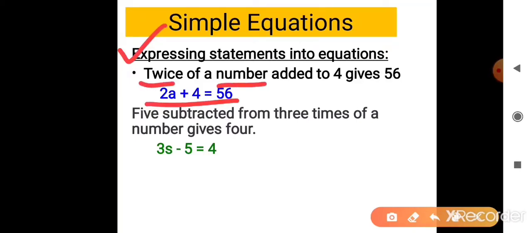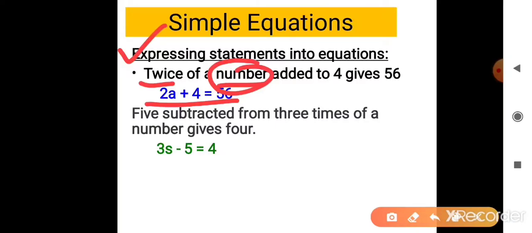Now, is there any number for us? No, the number is unknown to us, right? Or you can say we can take the value of any number we want, any counting number, any integer, anything. Okay, so since we are not very sure of the value of that particular number the statement has mentioned, let us consider that number to be a variable.